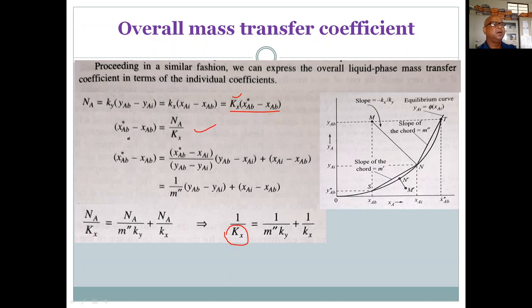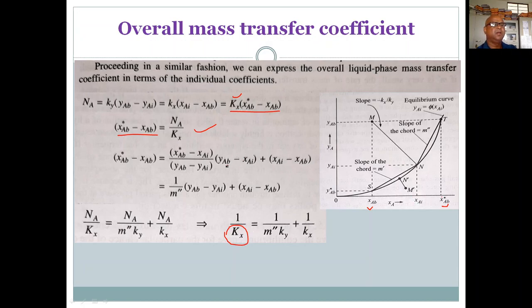Okay, now this one I will again do in a similar way. So XAB star minus XAB, I can write as XAB star minus XAI plus XAI minus XAB.